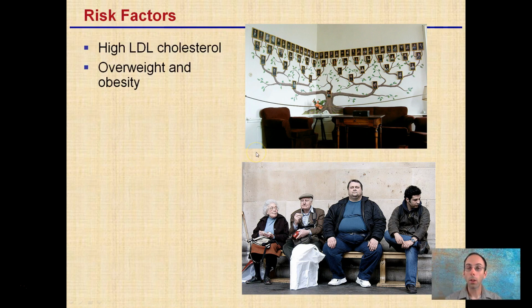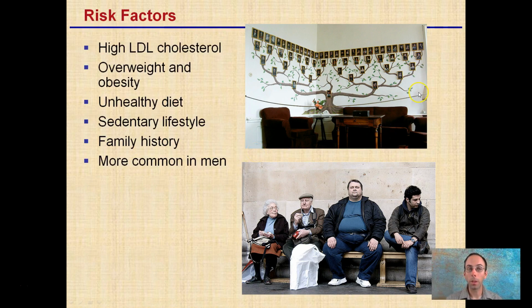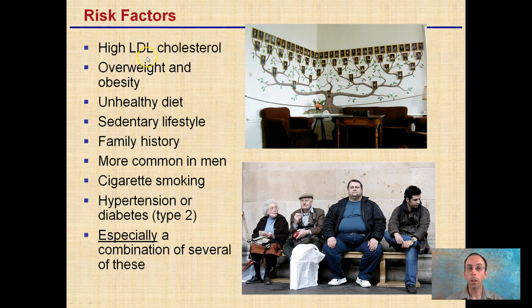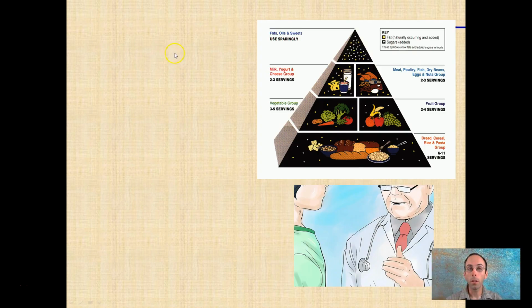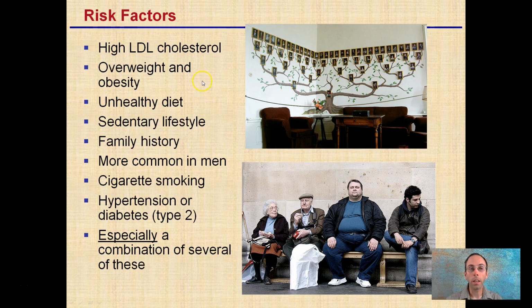Now, risk factors occur, so if you do have a family history of high low density lipoproteins, which is the negative cholesterol, that can be increased if you're overweight or obese. Your diet can also impact that. Your sedentary lifestyle, your family tree, your history, if you're a cigarette smoker, hypertension, diabetes type 2 can also contribute to this.